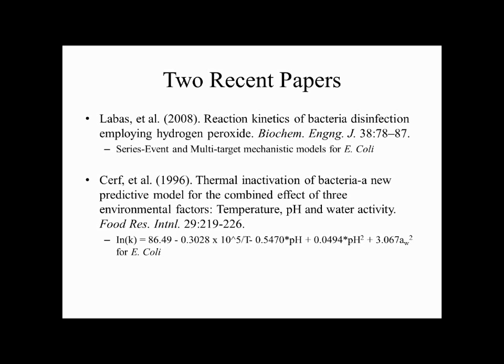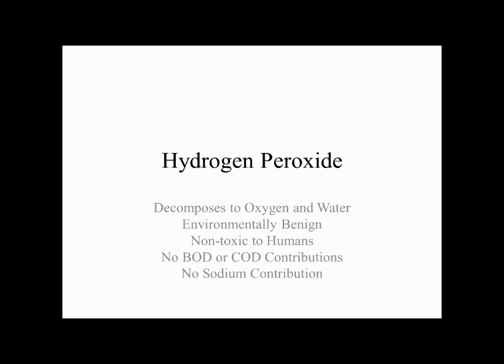The other one is by Cerf and his group, which was looking at thermal inactivation, just hot water. What happens when you use hot water at different pHs in killing, again, E. coli, but they came up with a function which allows for the pH and the temperature on how it kills. And that's very helpful, as you'll see in just a minute.